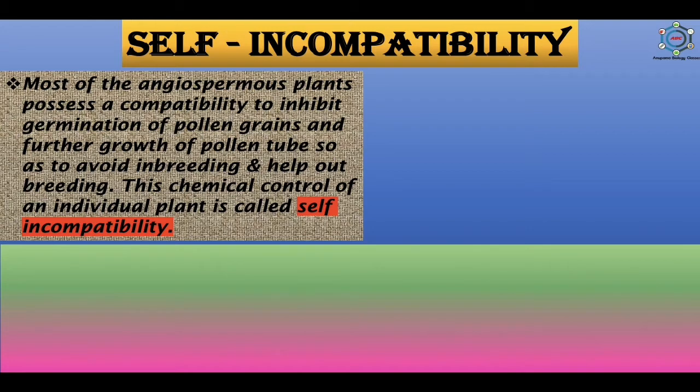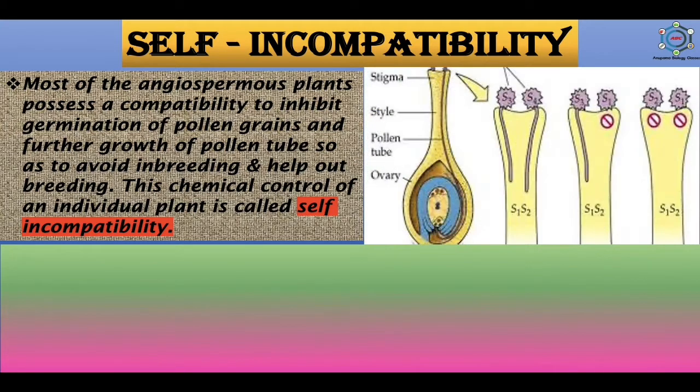After that, fertilization occurs, and other pollen grains of different plants are discarded. So, most angiospermous plants possess a mechanism to inhibit germination of the pollen grains and further growth of the pollen tube, so as to avoid inbreeding and help outbreeding. This chemical control of an individual plant is called self-incompatibility.